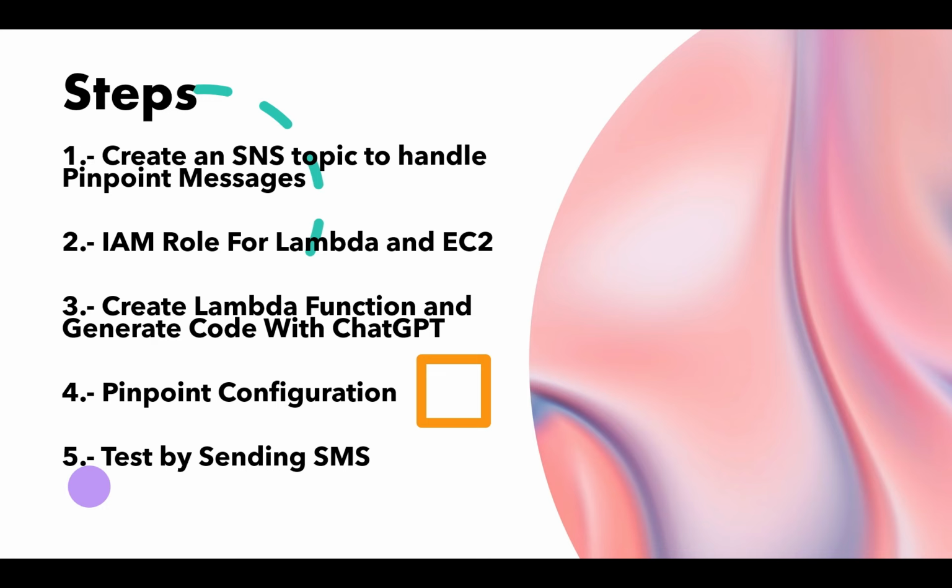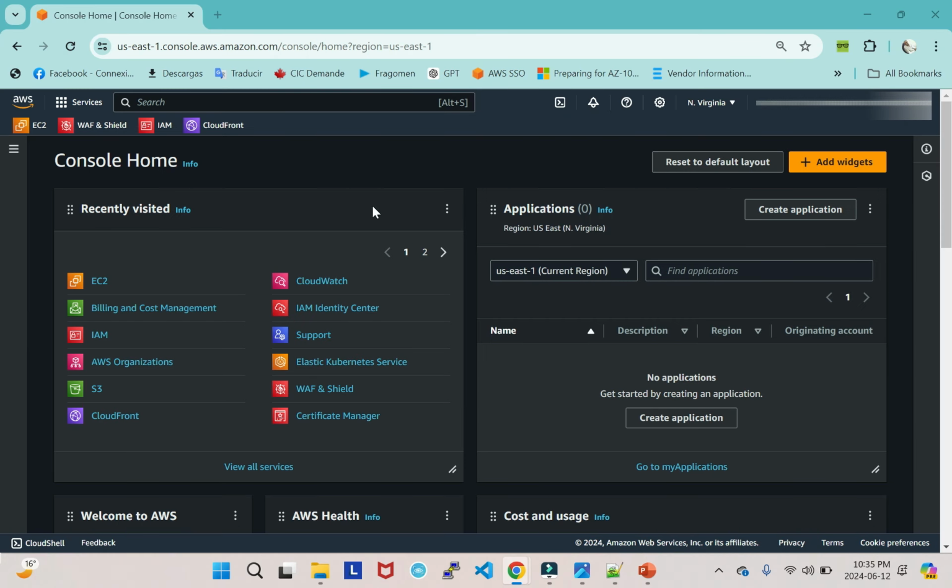I'm not a programmer, so I will ask ChatGPT to do that for me. And 4, I will create the Pinpoint and do the configuration. And 5, I will test by sending an SMS to the number that Pinpoint will provide me. So you will see.